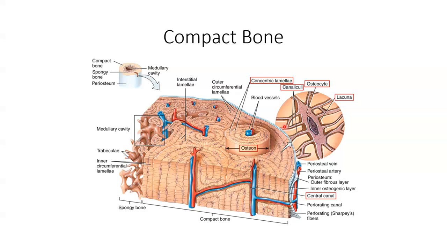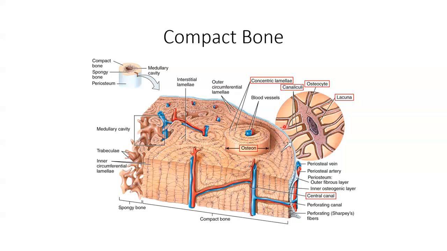The canaliculi connect the lacunae with one another so the osteocytes can communicate, as well as with the central canal, forming an interconnected network of canals throughout the bone. This system provides many routes for the nutrients and the oxygen to reach the osteocytes, as well as for the removal of wastes.